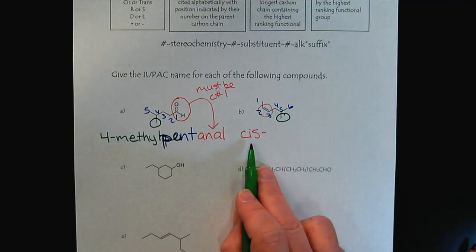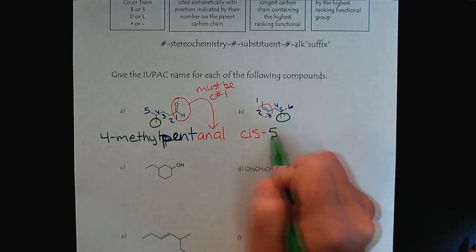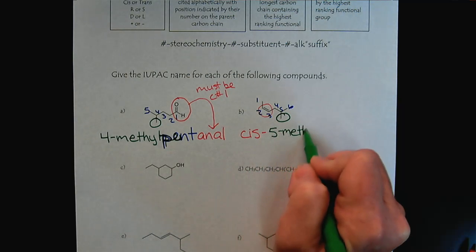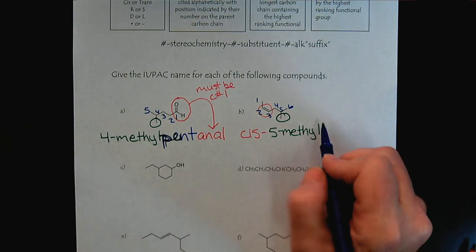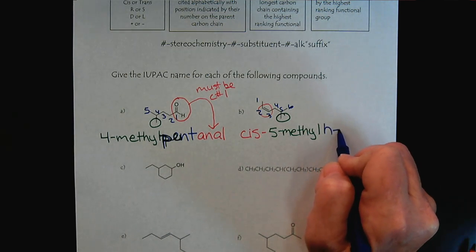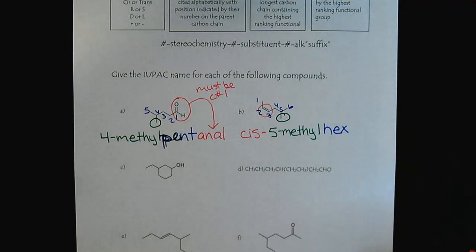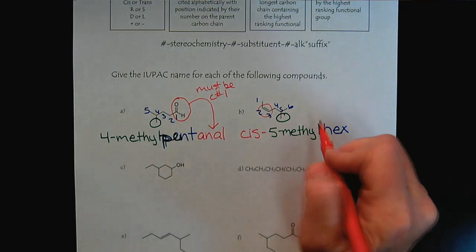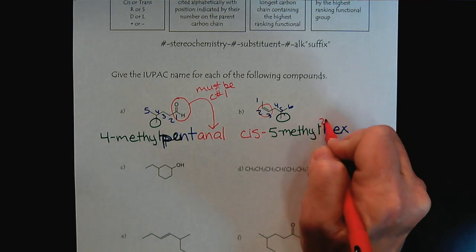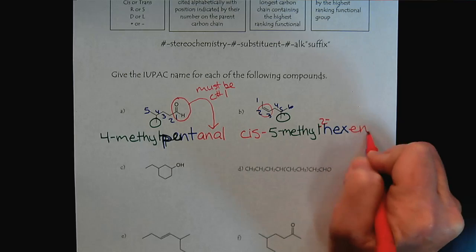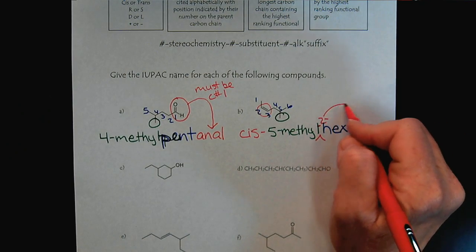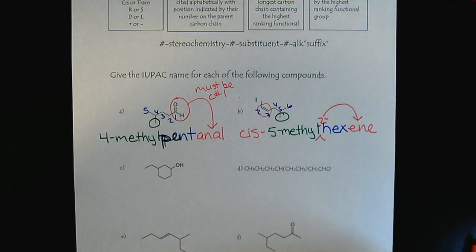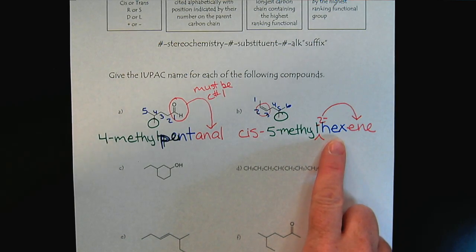So this would be cis-5-methyl. And then we have a 6-carbon chain, so that gets represented as hex. And oops, I forgot, but I got to tell everybody, right? We have to put the locator in, 2-hex-2-ene. All right, so we have to let everybody know where the double bond occurs in the 6-carbon chain.